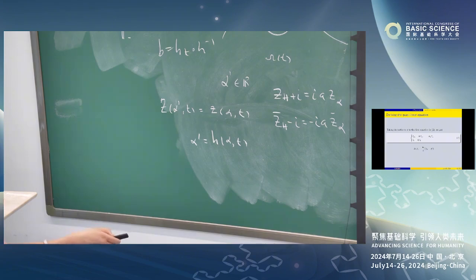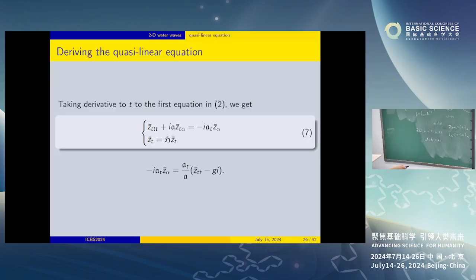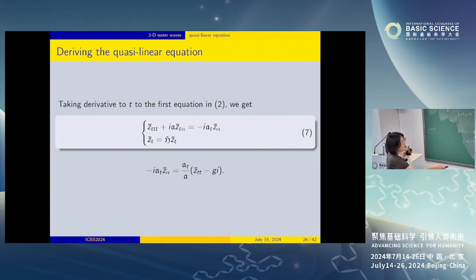So why is this? A simple explanation is Z_t bar is holomorphic, right? Boundary value of a holomorphic function. So taking any derivative, you still get something holomorphic, almost holomorphic, okay? Close to being holomorphic. So this is like also taking a spatial derivative, the stretched spatial derivative. So this left-hand side is almost holomorphic, but the right-hand side, if you ignore the bar, it points in the normal direction, right?